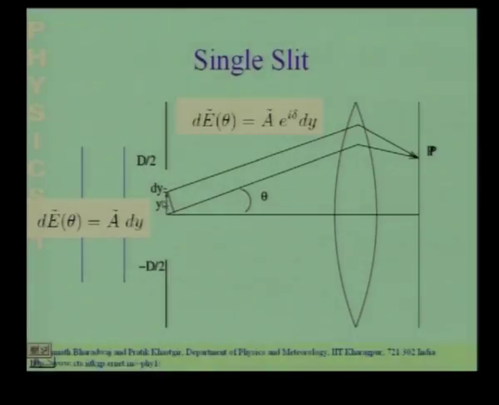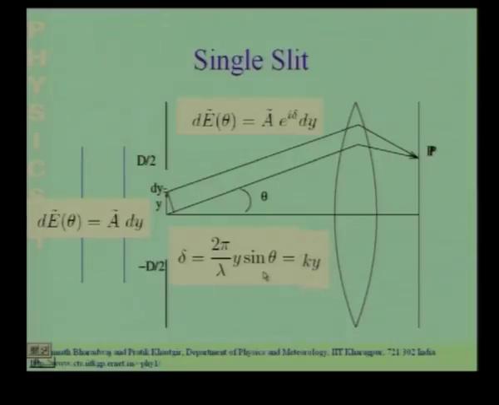So, the contribution from the line element dy, displaced by a distance y, can be written as the same thing as the contribution from the origin, but with an extra phase difference, and the extra phase difference arises due to the path difference. The phase difference delta is 2 pi by lambda into the path difference, which is y sin theta, where theta is the angle over here, and we will write this as k into y.